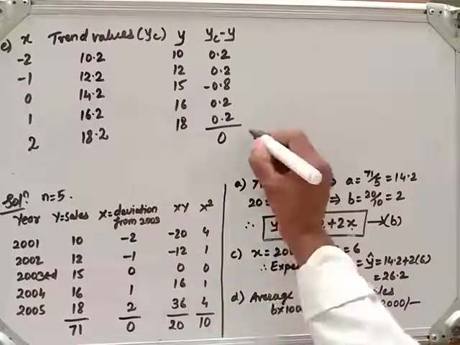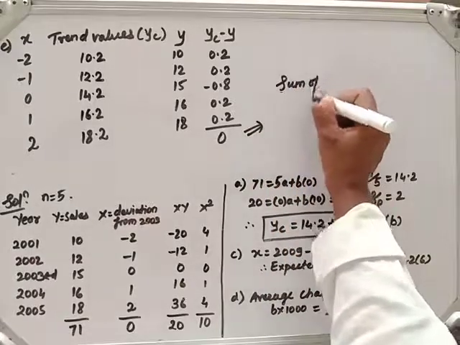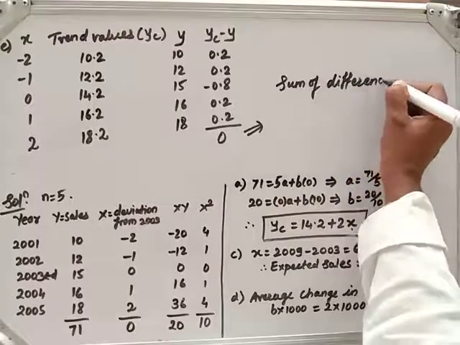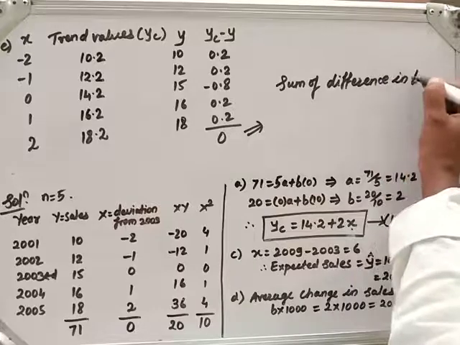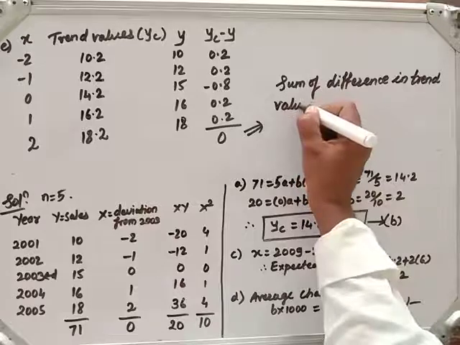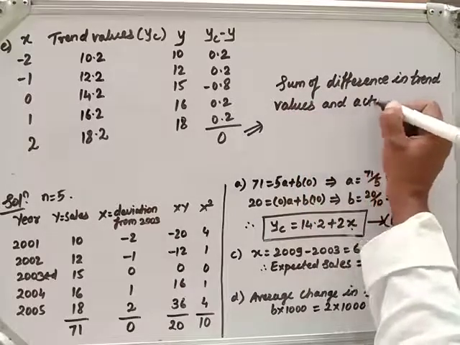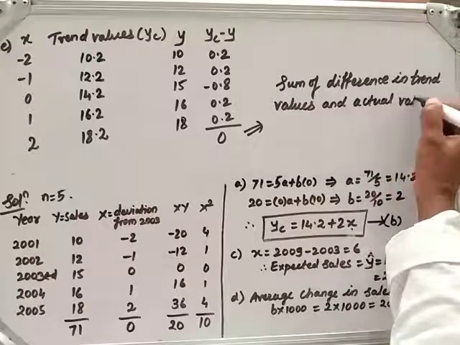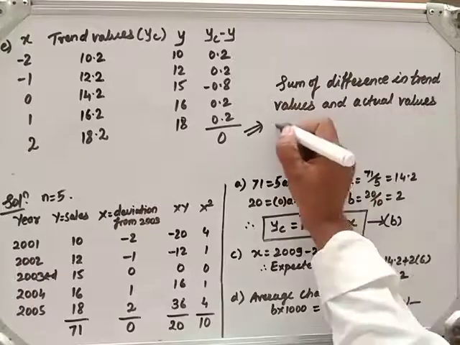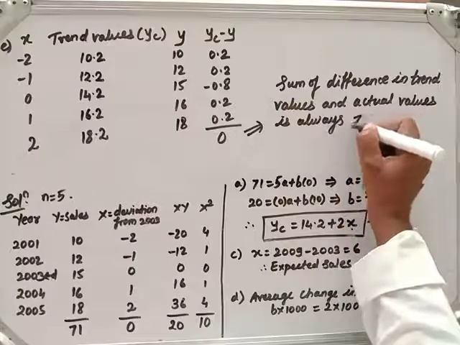And the same result we want: the sum of difference in trend values and actual values is always 0.